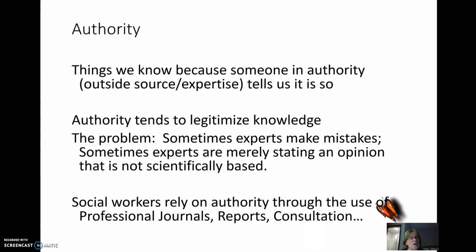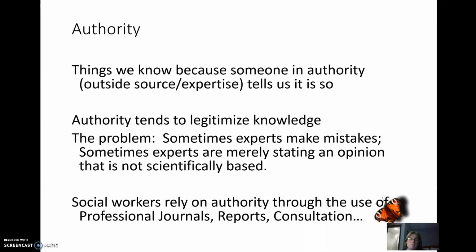So the last two I want to talk about, the first one is authority. We know something because somebody, an expert or somebody outside of us, told us that it was so. A medical opinion versus maybe scientific evidence. We have to make a determination. The problem with authority is that sometimes the experts may make mistakes.